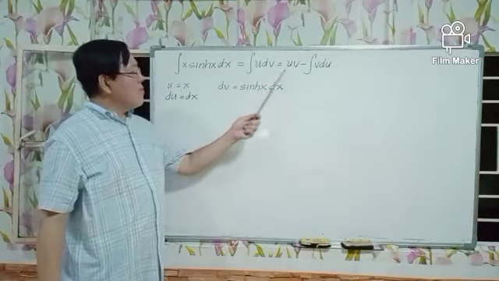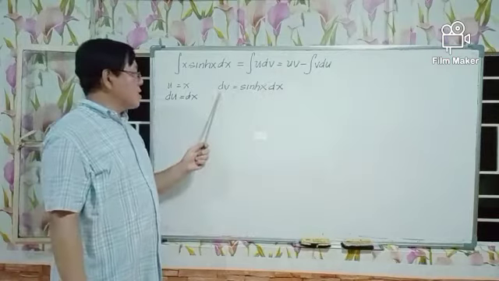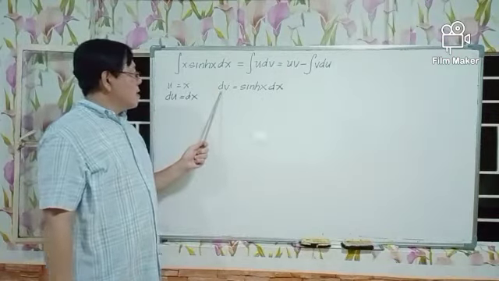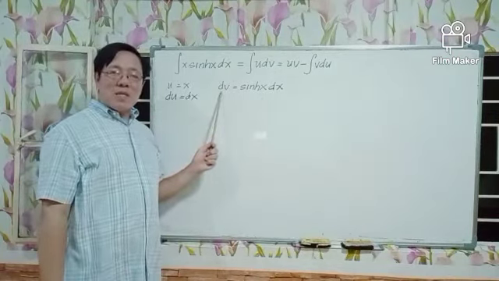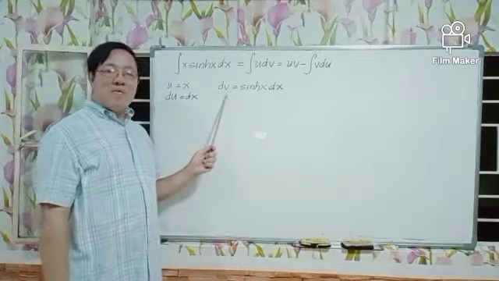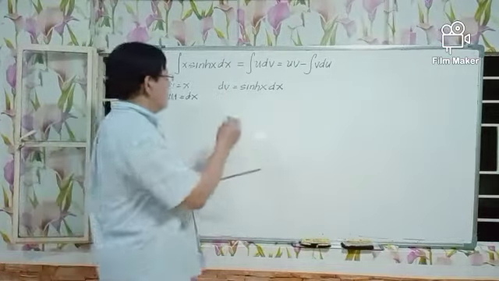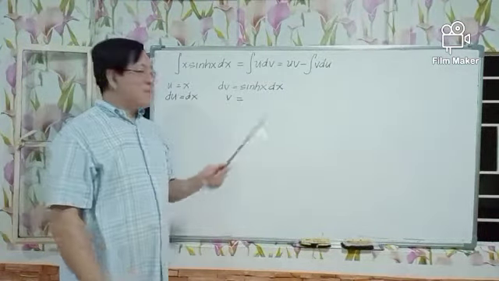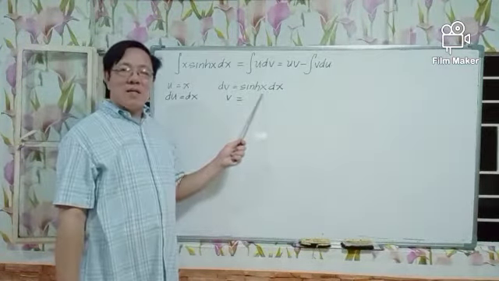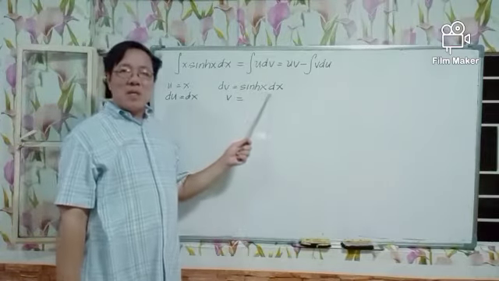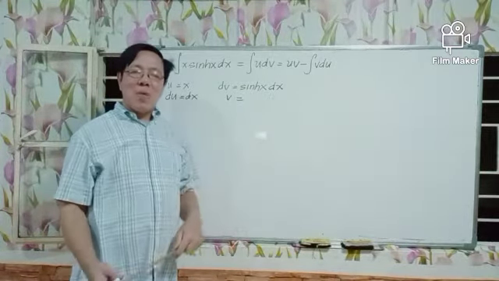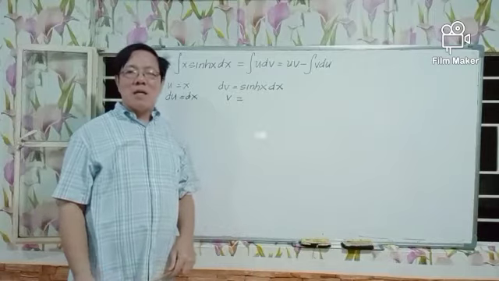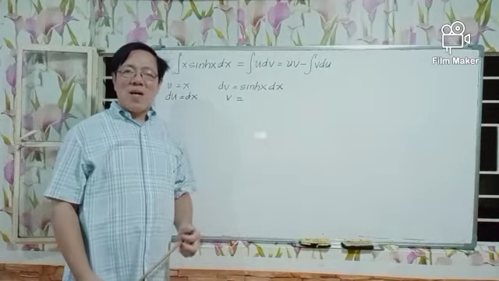We get the value of v by integrating both sides. The left hand side, we integrate with respect to v. The integral of dv is v. And the right hand side, we integrate hyperbolic sine of x with respect to x. And the integral of hyperbolic sine of x is hyperbolic cosine of x.